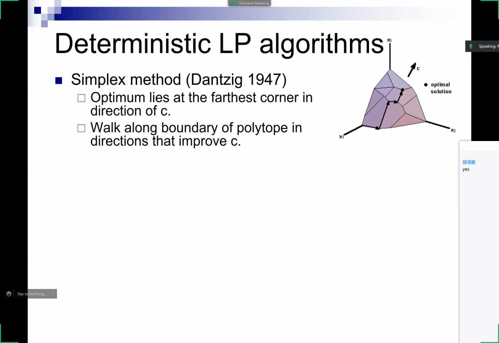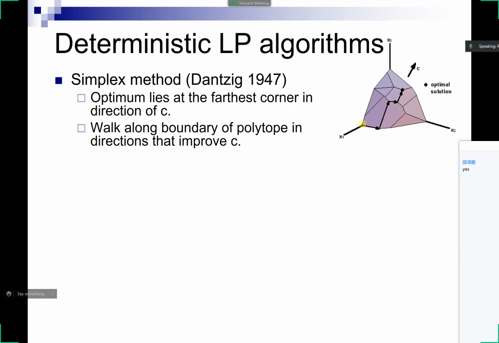Here, if you have some sort of polytope given by your constraints, then we know that the optimum lies at a corner point, which is the farthest point in this direction C that we're trying to go. The simplex algorithm is basically something like gradient descent.